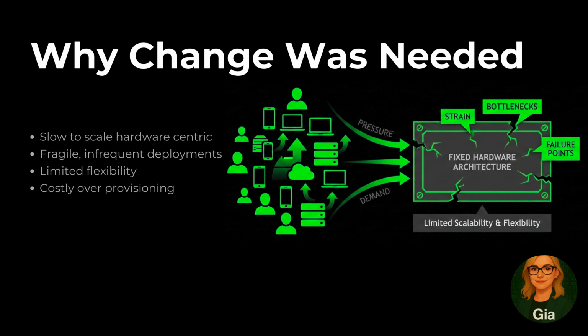At the same time, organizations needed to support cloud, mobile users, third-party integrations, and fast delivery cycles. As businesses moved to the cloud and demanded faster updates, these fragile monoliths simply couldn't keep up. That's where modern IT architecture emerged.